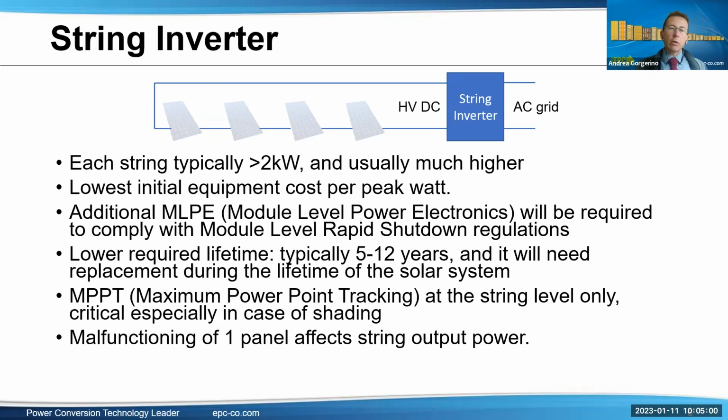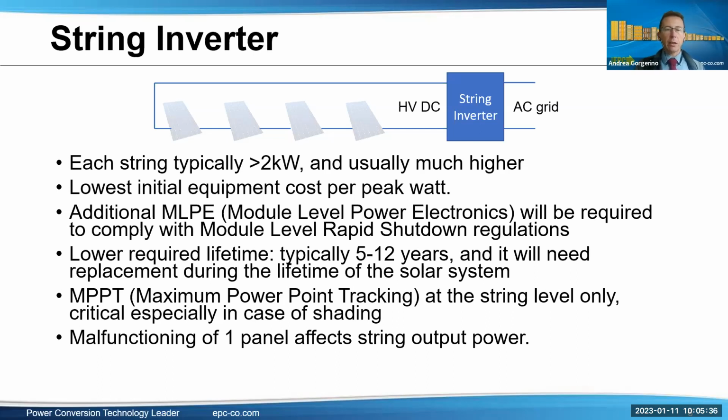Some limitation is it might require some additional module level power electronics when you are required to comply with the new regulations on module level rapid shutdown. These are becoming more common in the Americas and in Europe, and so you'll need additional electronics for that. Usually, the lifetime for these string inverters is a little bit lower than other systems. It's 5 to 12 years, which means it will most likely need to be replaced during the lifetime of the solar system, which is more like 25 years.